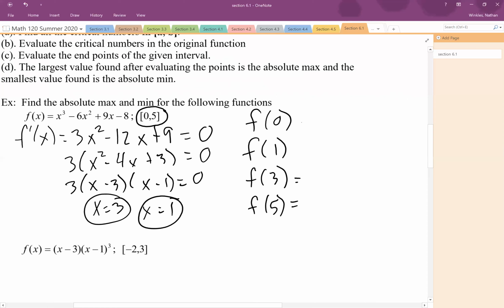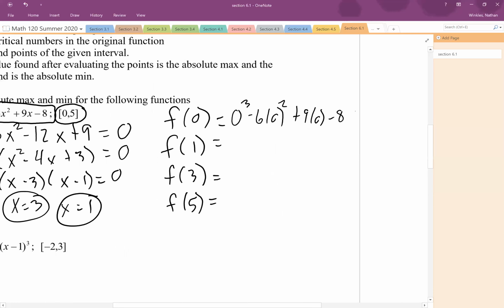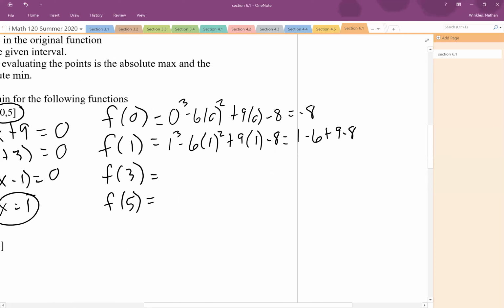And that's just going to get done by simply plugging into the function that they gave us. So 0 cubed minus 6 times 0 squared plus 9 times 0 minus 8 gives us negative 8. Plugging in 1 cubed minus 6 times 1 squared plus 9 times 1 minus 8 gives us 1 minus 6 plus 9 minus 8, so we get negative 4.